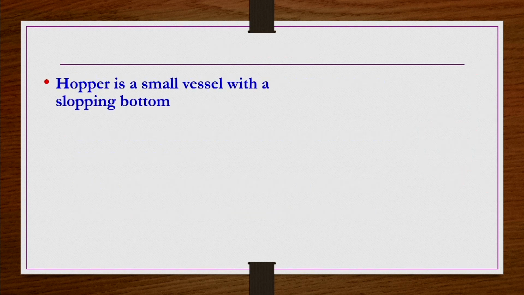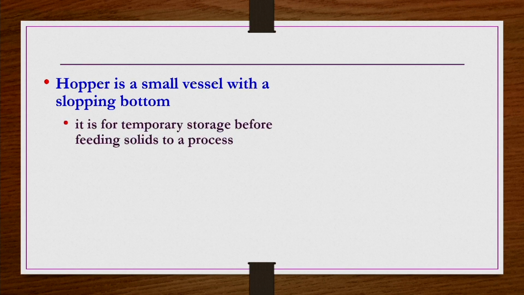Then we have the hoppers. A hopper is a small vessel with a sloping bottom. It is for temporary storage before feeding the solids to a process. Let us say you have a heterogeneous reaction. The solid material is going to be reacted with a fluid in a heterogeneous reactor. So before the reactor you will have a container which is called a hopper, the container for the storage of these solids.